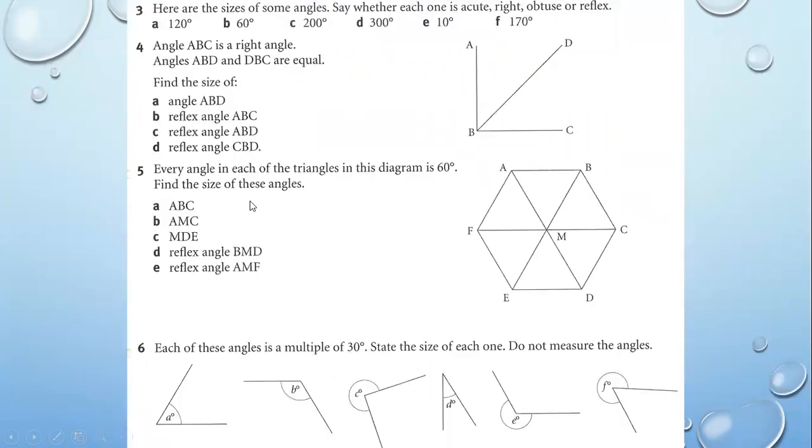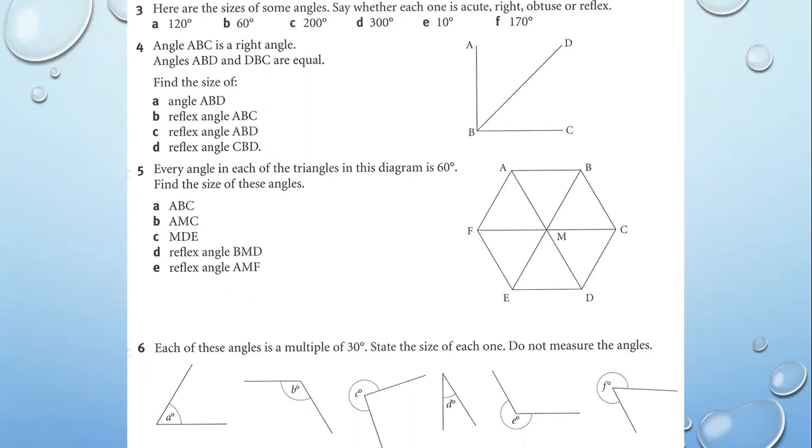Here are the sizes of some angles. Say whether each one is acute, right, or obtuse. Class, as I told you, if an angle is more than 90 but less than 180, it is obtuse. If it is less than 90, it is acute. If it is equal to 90, it is called a right angle.